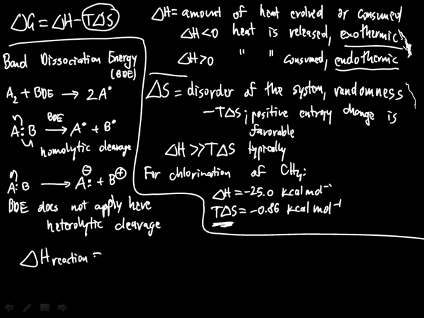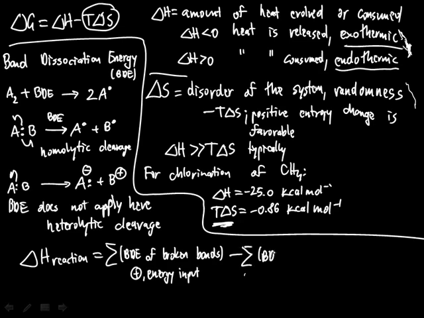Okay? And so now we can define our energy outcome of a reaction as delta H reaction being the sum of BDEs of broken bonds. And remember, these come with a positive sign because we need energy input. Minus the sum of the BDEs of formed bonds. And these come with a minus because energy is released.